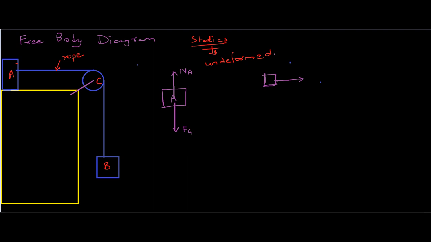We cannot draw the force by the rope in the opposite direction because the rope cannot push the block. The rope can only pull. That's the most important thing. It seems like common sense, but many people go wrong here.